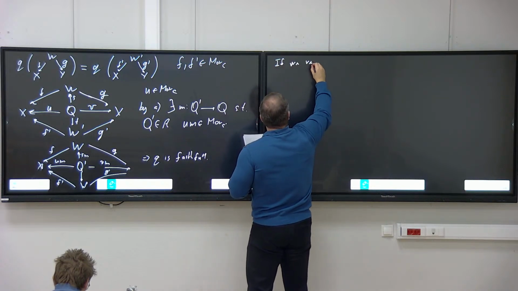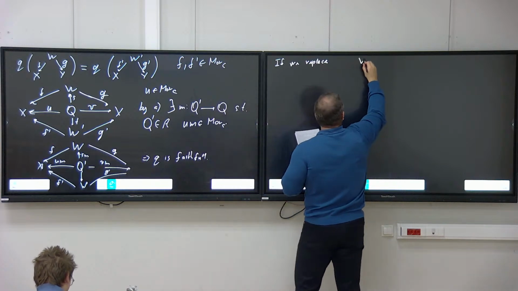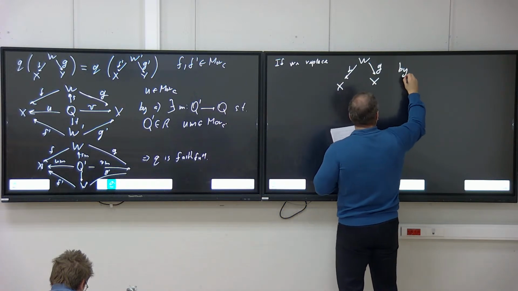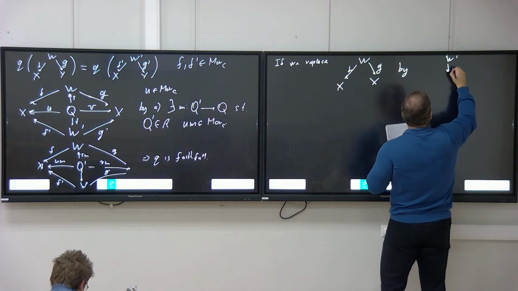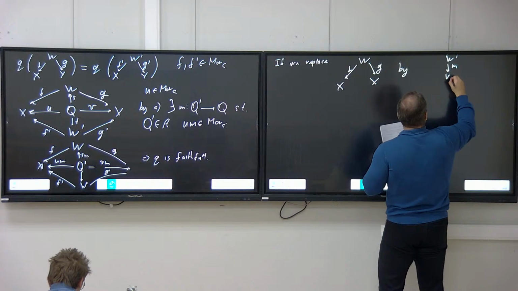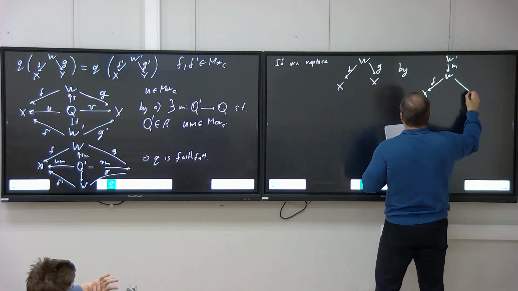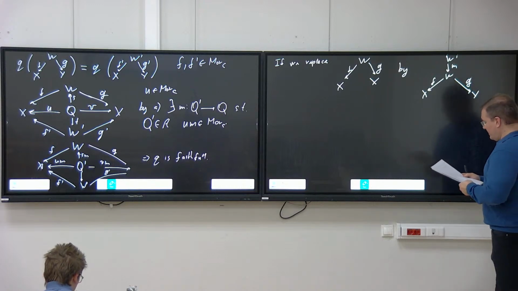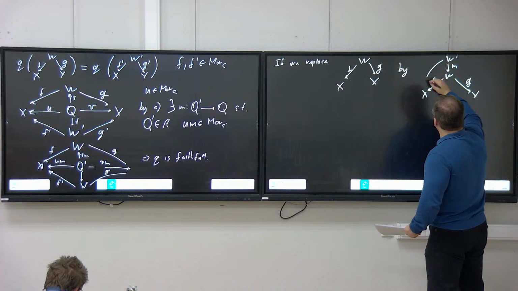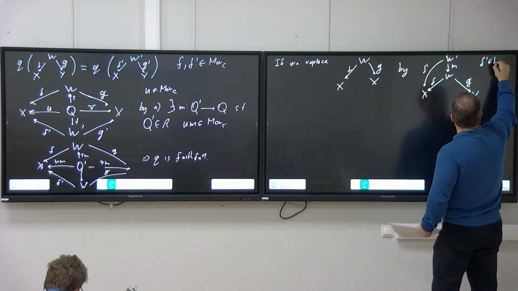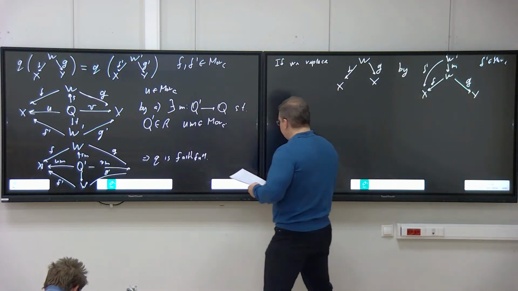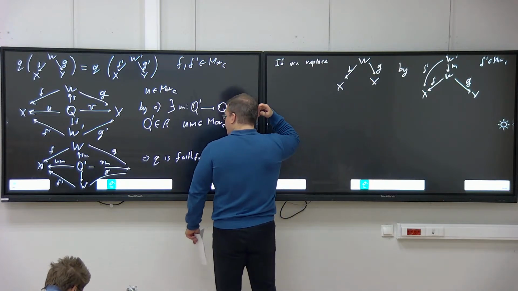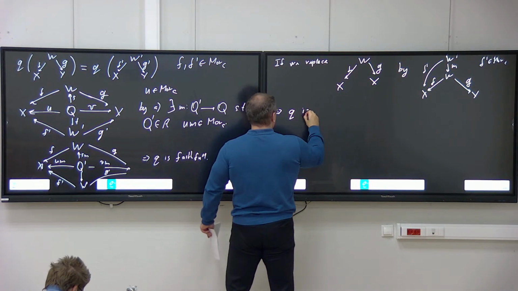If we replace the given roof, say with the W, F, and G, X and Y, by, again using assumption A, some W prime, with a map M to the W, so this is F, I can consider a new roof where the vertex is W prime, and again the composition of the M and F, say this is F prime, so F prime is still in the Mor C. So we can take any roof and replace it by a roof with the vertex from the A, and hence we can say that the functor Q is full.